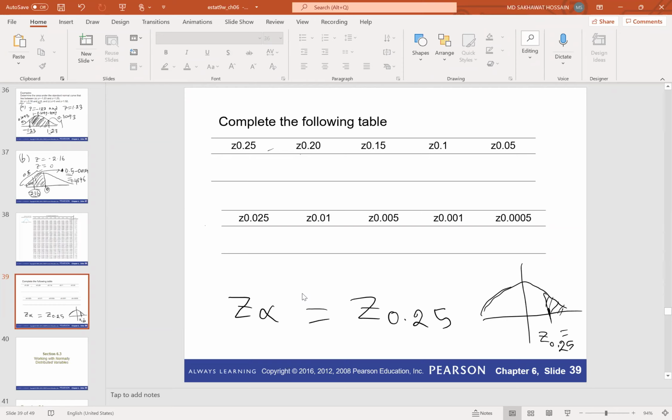And the area on the right side, this area always represents the area on the right side of the z score. This area is 0.25. Now we have to find the value of the corresponding z score. So here we have the area, we have to find the z score.